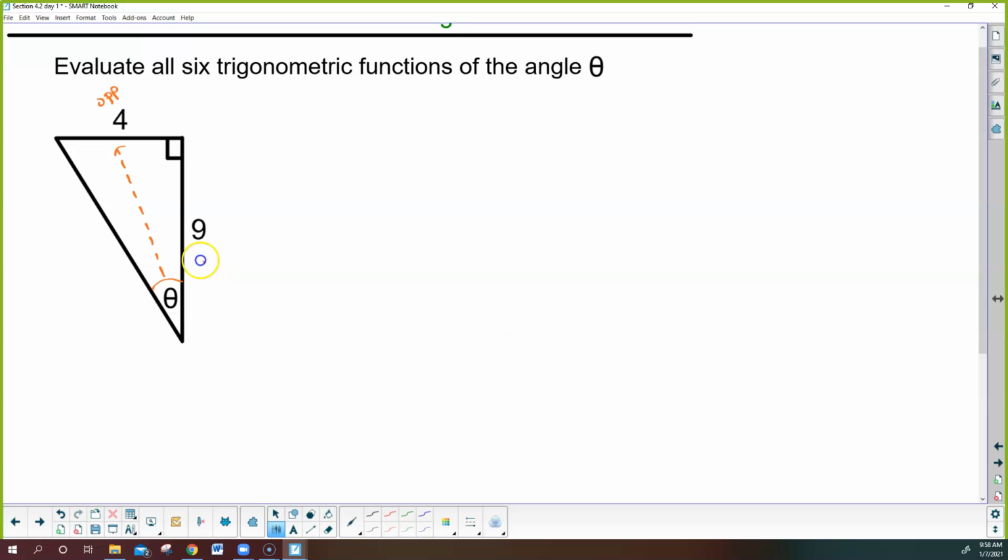And adjacent to theta, the other leg of the right triangle, is 9. And that leaves us to discover or find the hypotenuse. Now, it is recommended that you don't use decimals here. We want to stick with radical numbers.